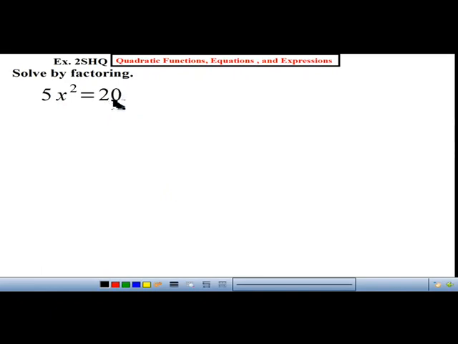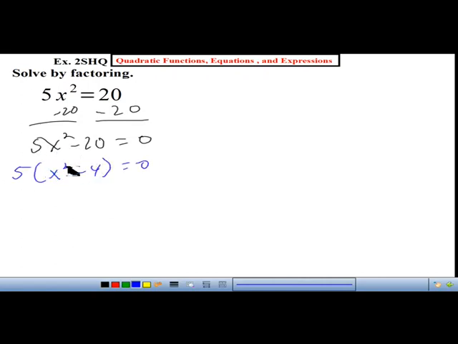Wasn't y supposed to be here? Yes, so how do we make this 20 to be 0? Yeah, subtract 20 to each side. We end up with 5x squared minus 20 equal to 0. Look at this part. Is in standard form, yes. Can we check for GCF? Yes, 5, we're left with x squared minus 4 equal to 0.